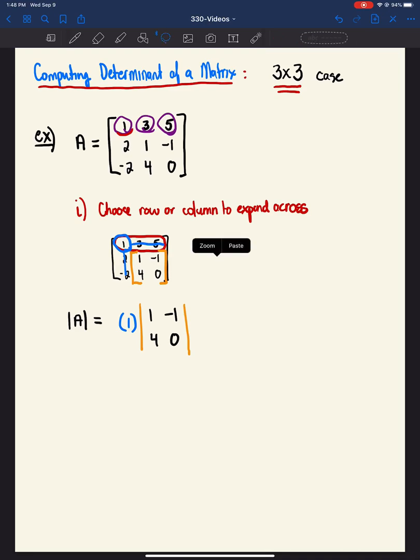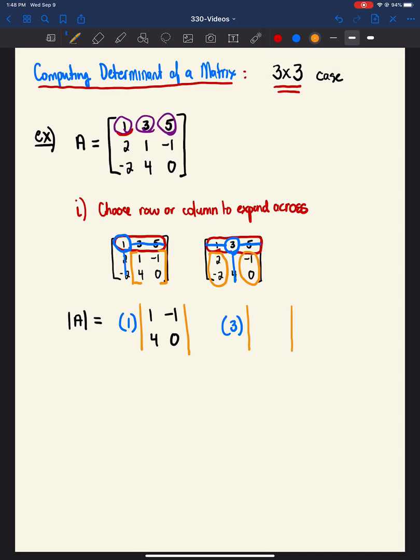Next, we'll move on to the next item in that first row that we're expanding across. So remember, we're expanding across that first row. We'll take the second item now, which is that 3. We cross out the remaining items in that second row. And then we look at the matrix that is still there, which in this case is the matrix 2, -1, -2, 0.